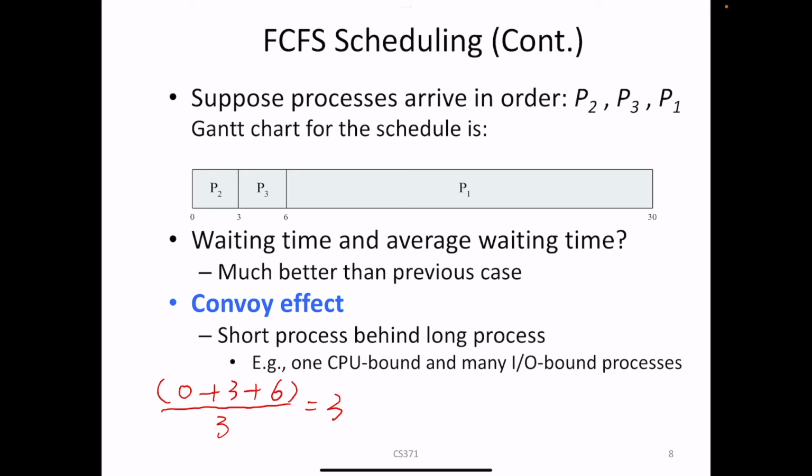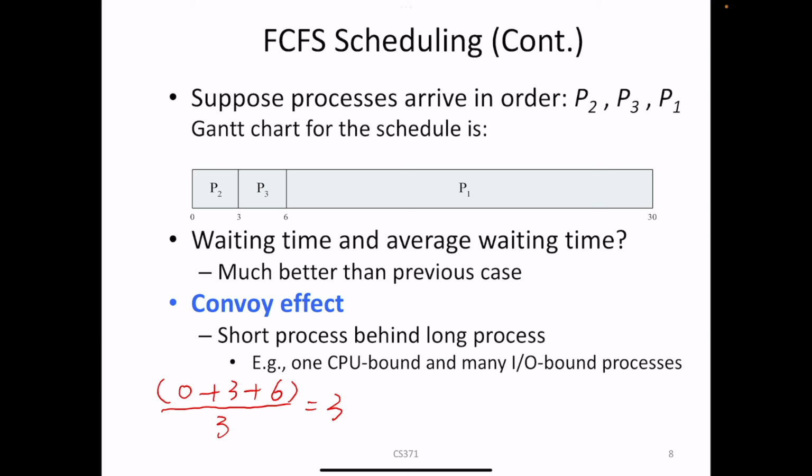From the previous example, you know that the long process P1 arrives first and occupies the CPU for 24 time units, which causes P2 and P3 to wait for a very long time to be finished, leading to the convoy effect and also a long average waiting time.